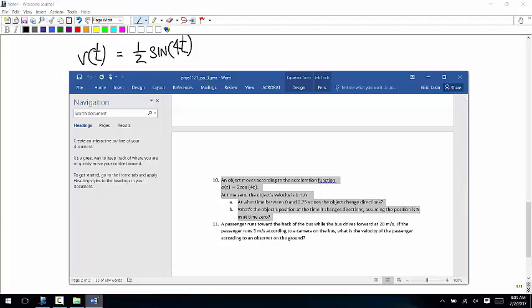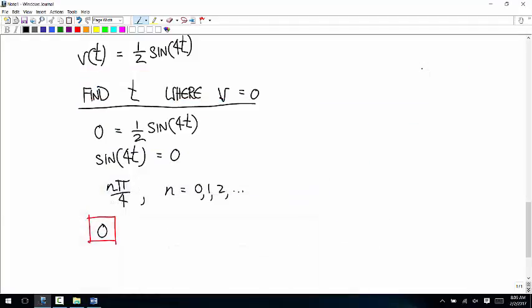Well, if you plot this function, we're just trying to find the time values where this function crosses the x-axis, where this function is equal to 0.